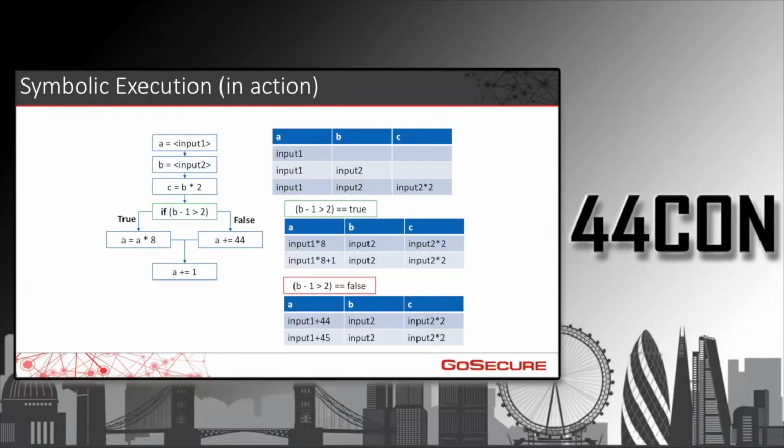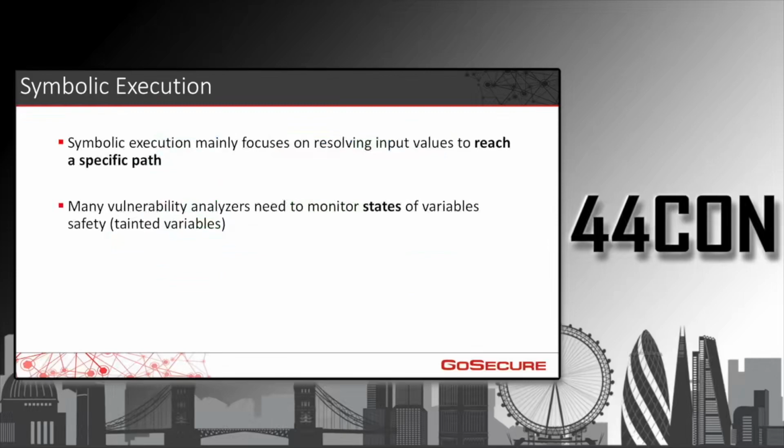Because there was another path, if the condition was false, where A was added 44, now we have another state that could have been reached. So this is the theory behind symbolic execution, with a quick example. Symbolic execution is interesting if you want to test how we can reach specific paths. So for example, if you're testing C++ code, a lot of the bugs rely on can we reach this state with this bound +1 or whatever.